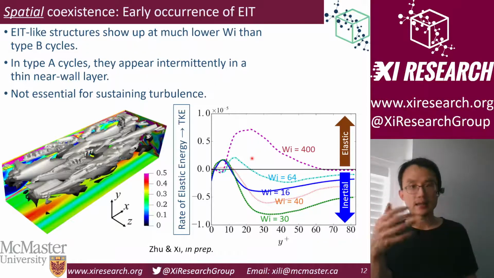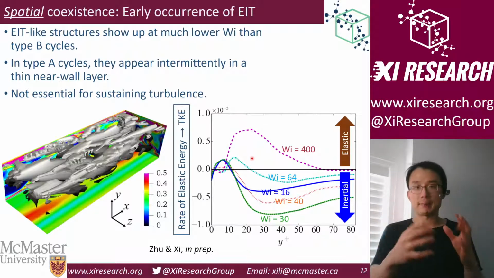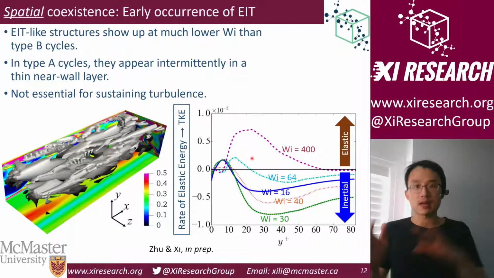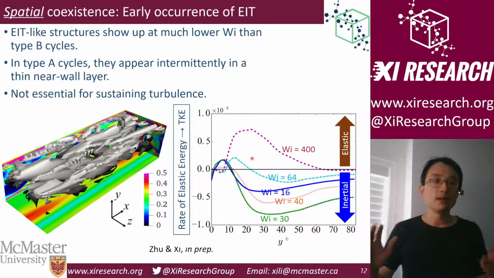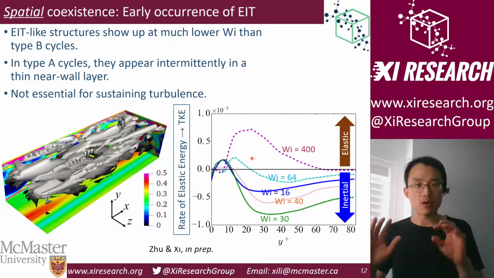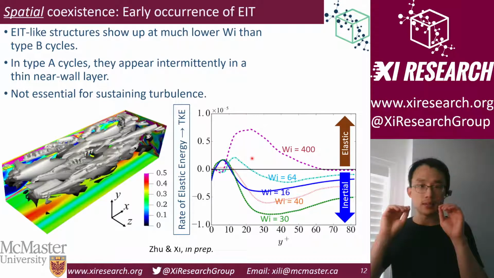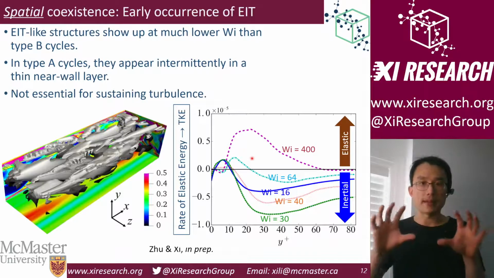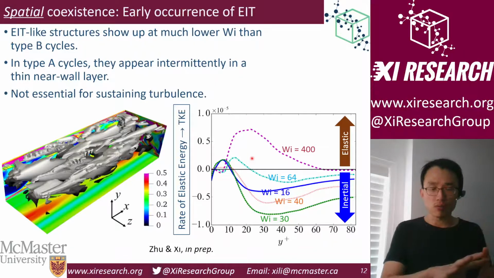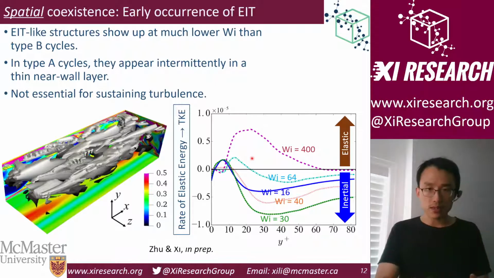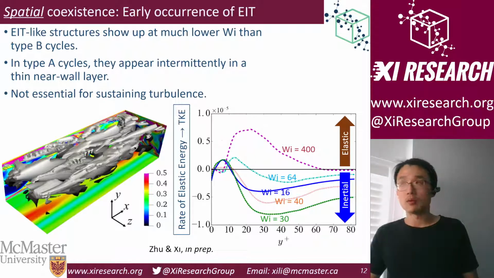One thing I want to touch upon very briefly at the end is that so far we have been talking about EIT as part of a type B or maybe type C cycle, which occur at a high Weissenberg number. Actually, EIT-like structure will also show up as part of the flow domain in IDT at a much lower Weissenberg number. For example, at this moment of active turbulence we can see those span-wise riblets near the wall. These are EIT-like structures.